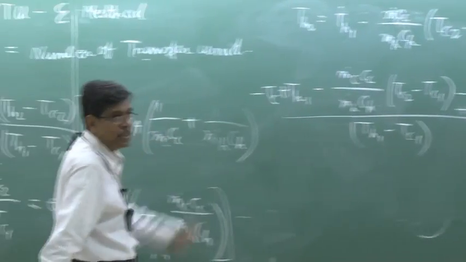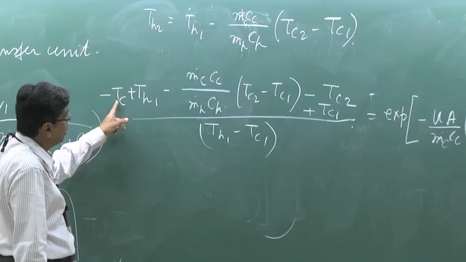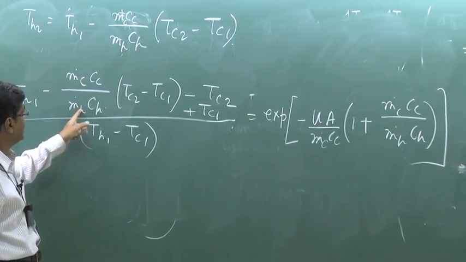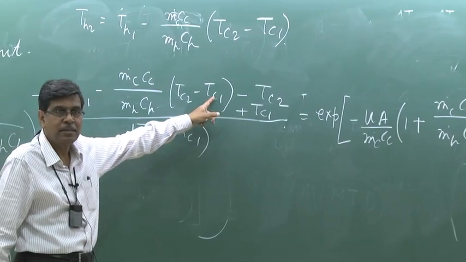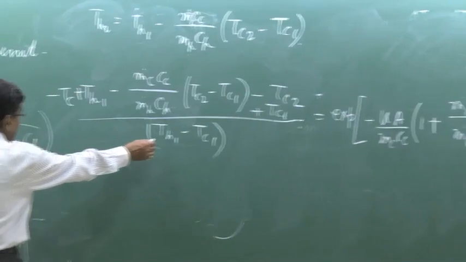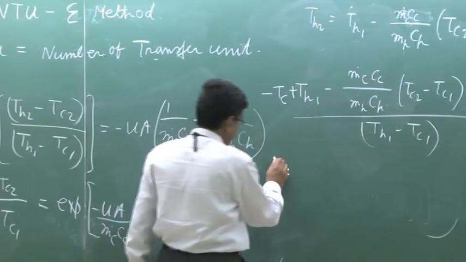So what does it look like? Th1 minus Tc1, minus 1 plus this into Tc2 minus Tc1. So if you divide it by this, let me write that.